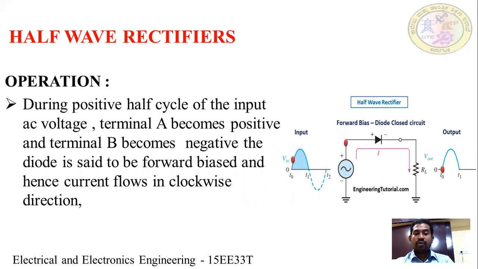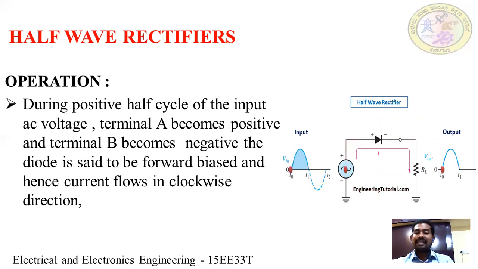Let us go for the operation of the half wave rectifier. Here, during the positive half cycle of the input AC voltage, terminal A becomes positive and terminal B becomes negative.